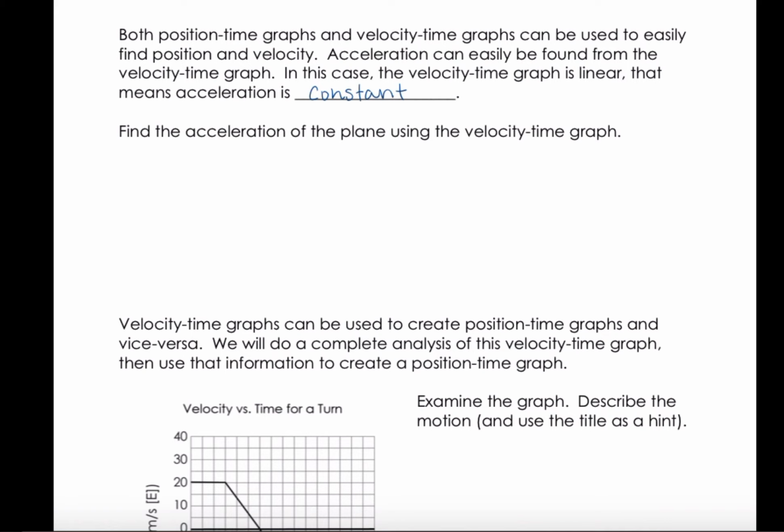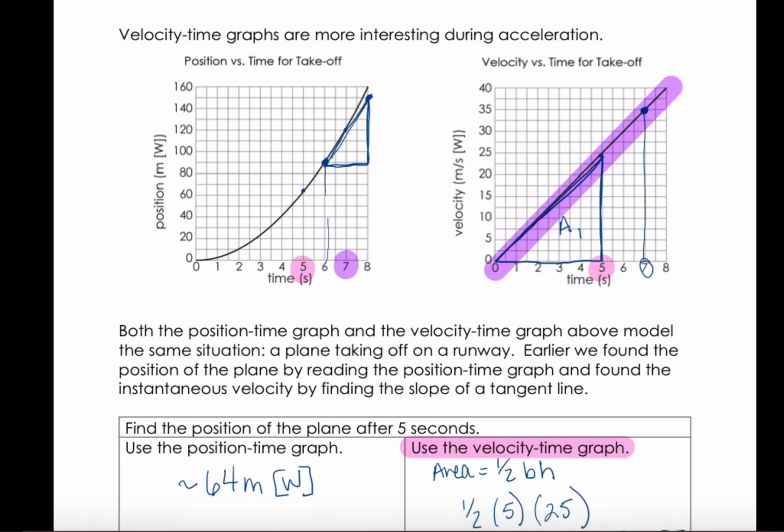So to find the acceleration of the plane using the velocity versus time graph, we're going to find the slope of this graph. Our acceleration is going to be v2 minus v1 all over t2 minus t1. If we go back and look, we go from a velocity of 0 to a velocity of 40, and it took 8 seconds.